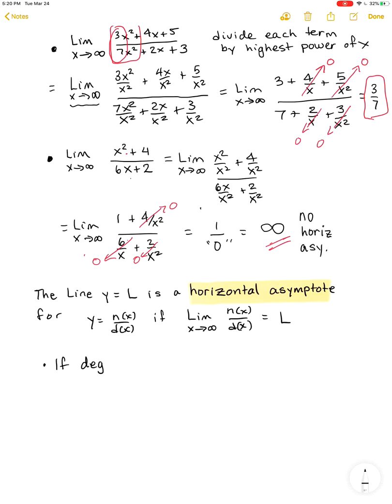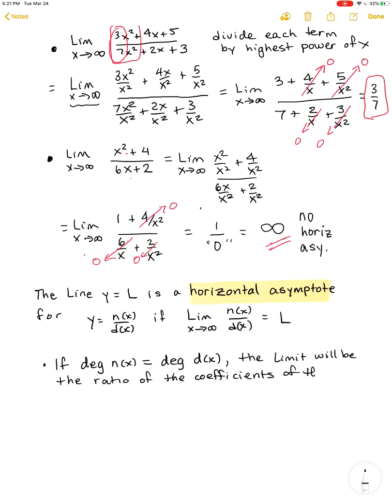If the degree on top, the degree of the numerator, is equal to the degree of the denominator, if top and bottom have the same degree, the limit will be the ratio of the coefficients of the highest power of x. Always.